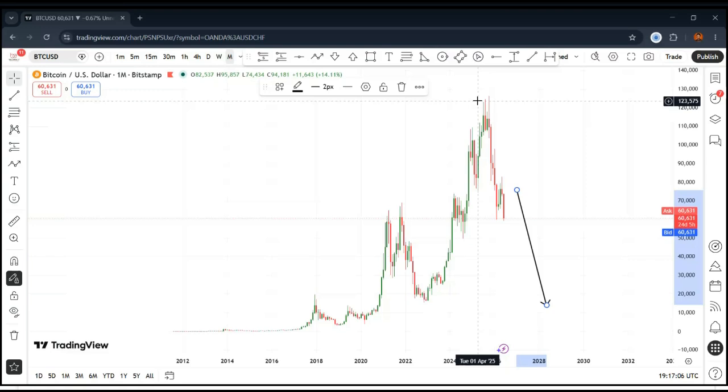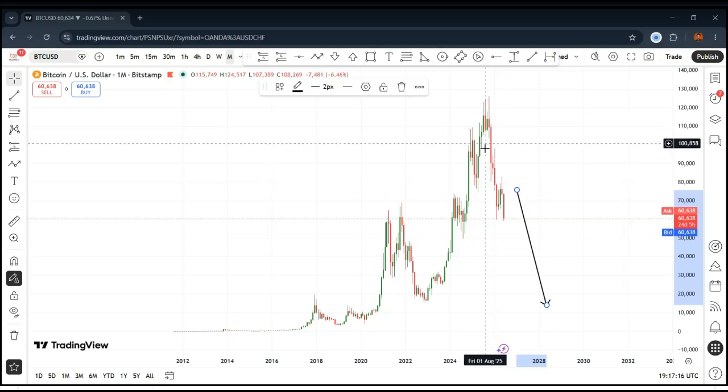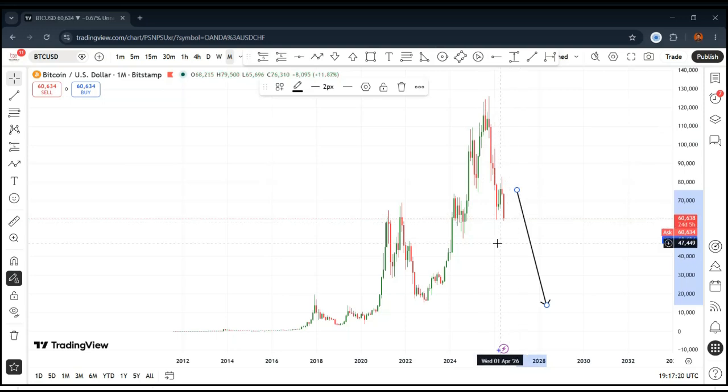So what happened in 2022 is basically what is happening here, but this drop was more massive than that of 2022. We predicted or expected it to drop, but not like this.